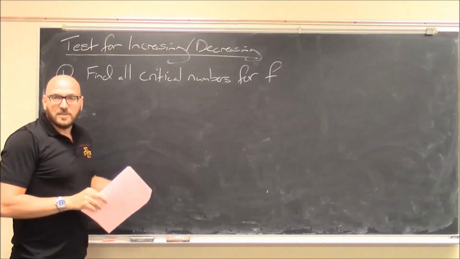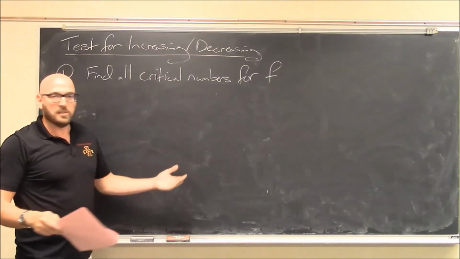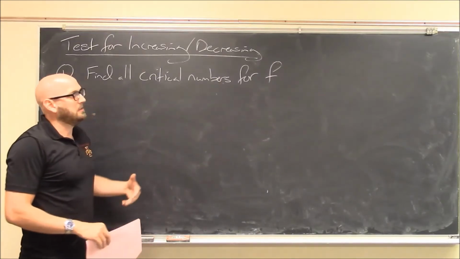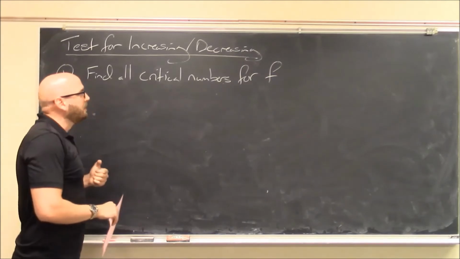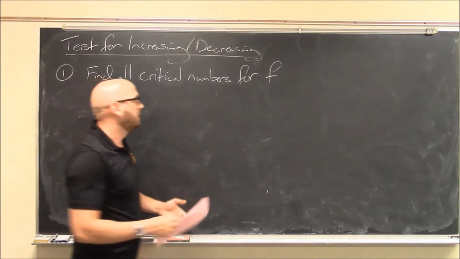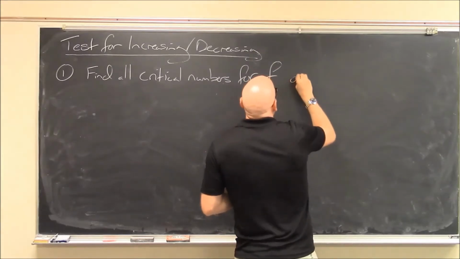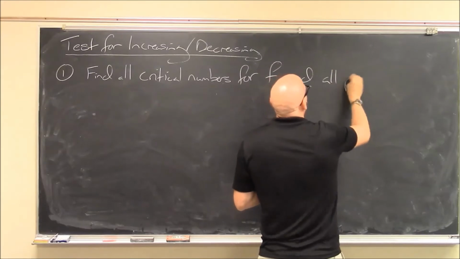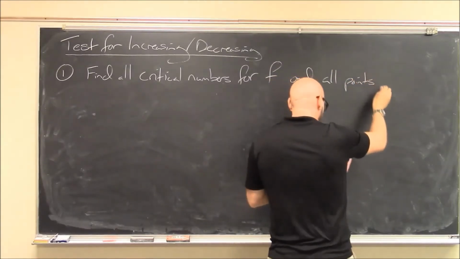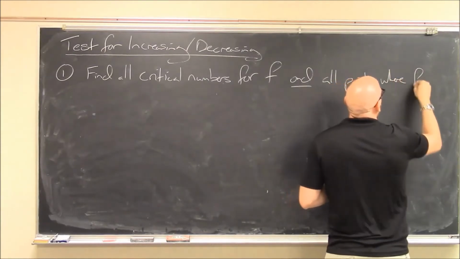How do you do that? Well, you take the derivative and you set it equal to 0. You ask, when's my derivative equal to 0, or when is it undefined? And you know it's undefined just by looking at the form. When do I divide by 0, or take square roots of negative numbers, stuff along those lines. So find all critical numbers and all points where f is undefined.